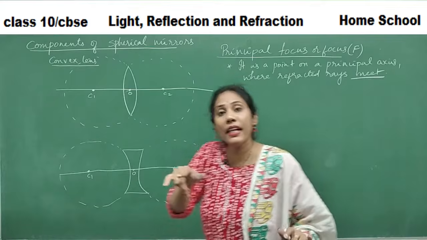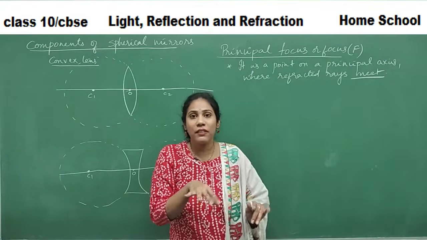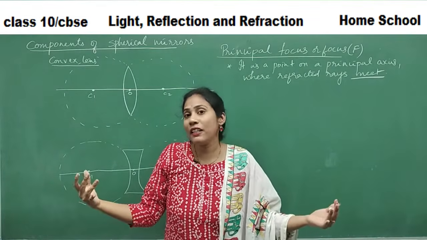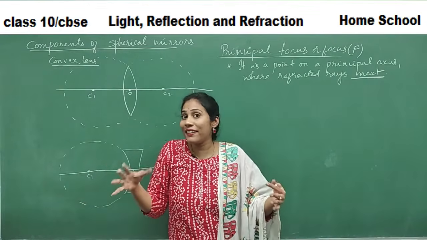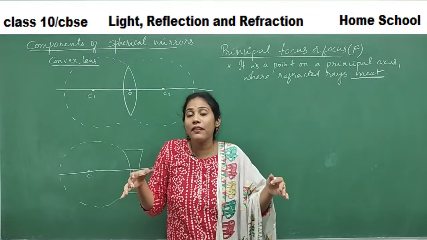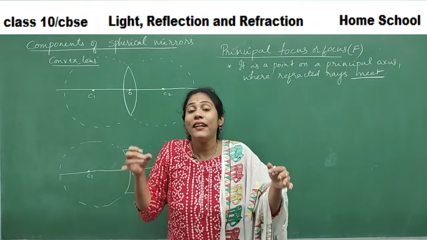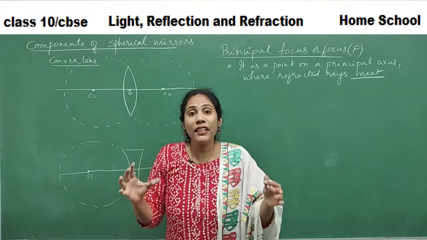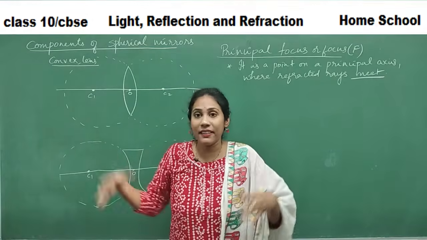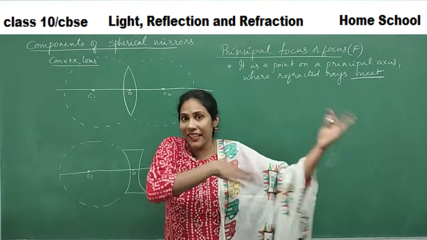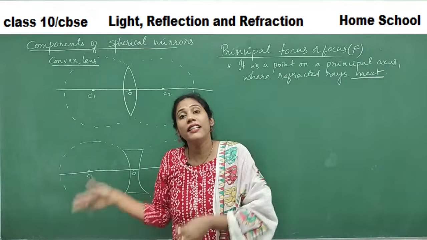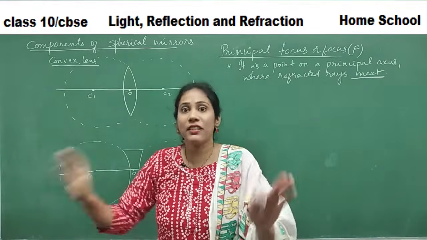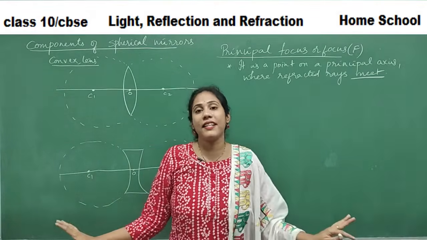In the case of mirrors, you studied reflection. Every time I am comparing a concept with mirrors so that you can recall it and understand better. Because when you know perfectly about mirrors, this is nothing. It's just the opposite. There you are speaking about reflection, here you are talking about refraction. That's the only difference, guys.